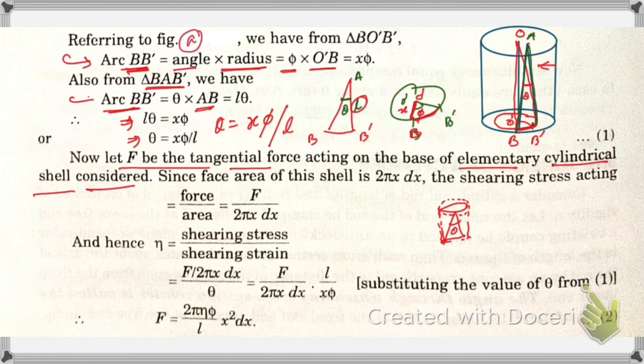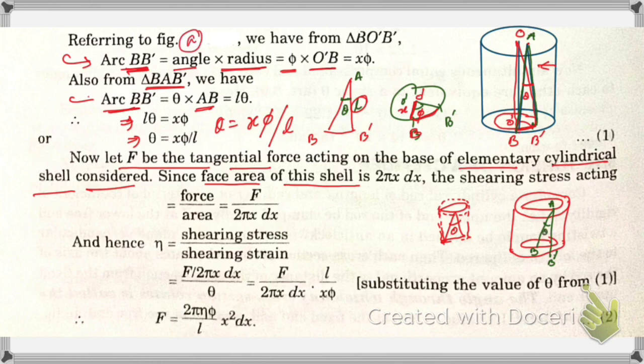So since the face area of this cell, this was the cell we have assumed, right? This point is B dash, we have assumed that way. So this theta, through this theta.